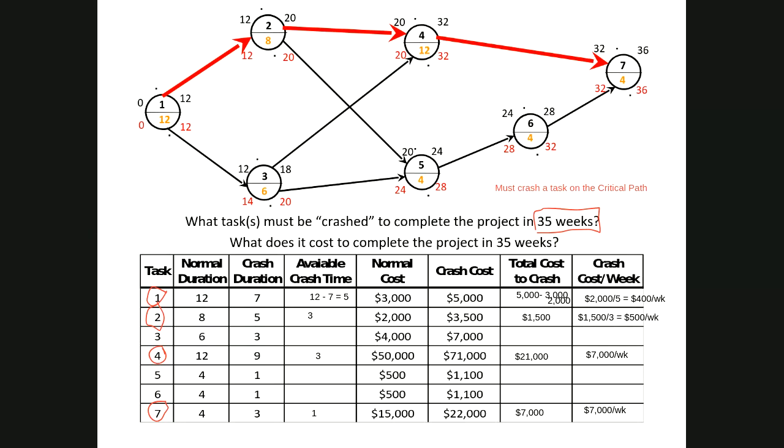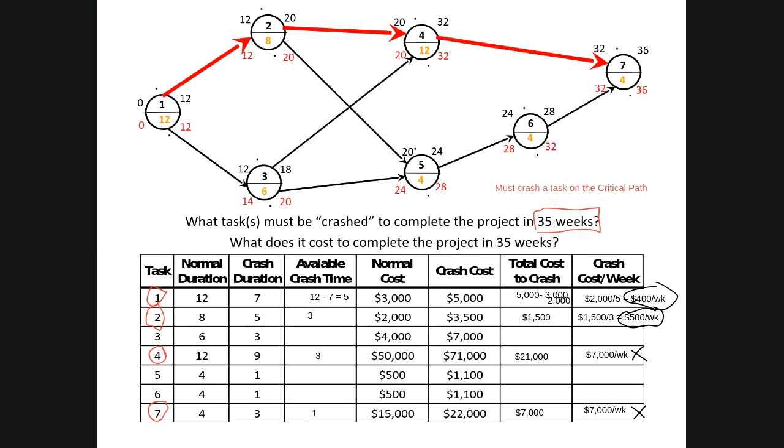So now that we know the cost per week, because we're only going to crash 1 week, we're going to choose the least expensive one to crash. So we're comparing $400 per week to $500 per week to 7,000 and 7,000. And clearly you would do your best not to pick these two.